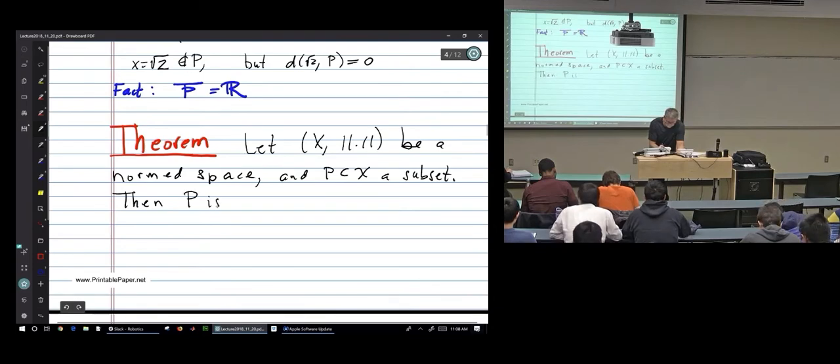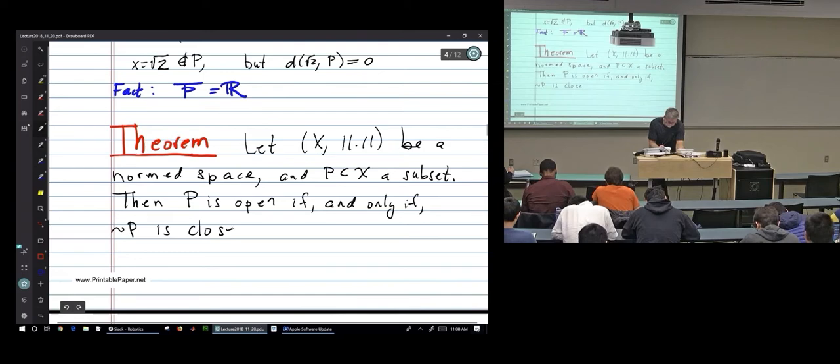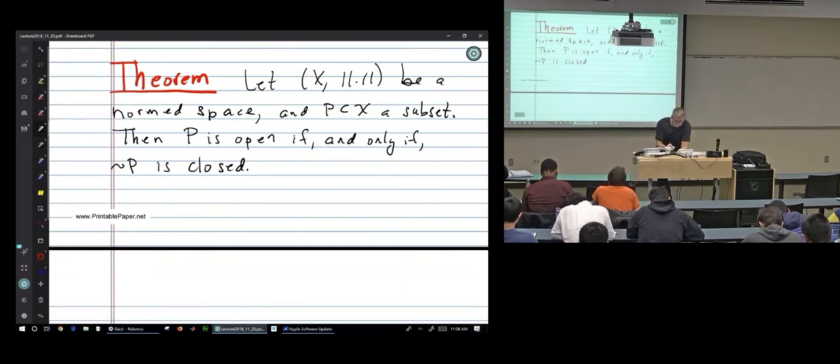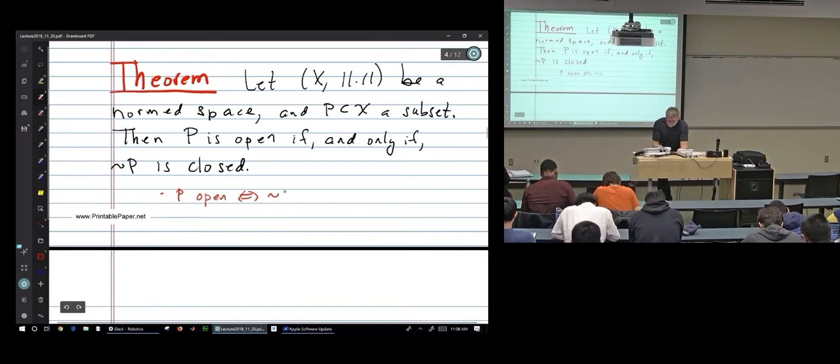P is open if and only if the complement of P is closed.